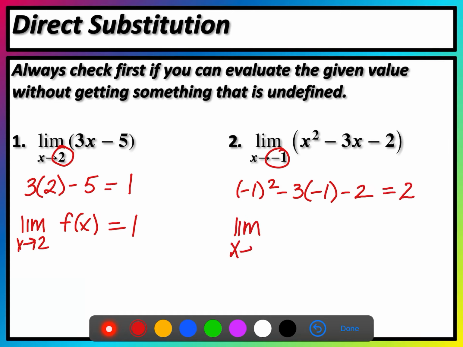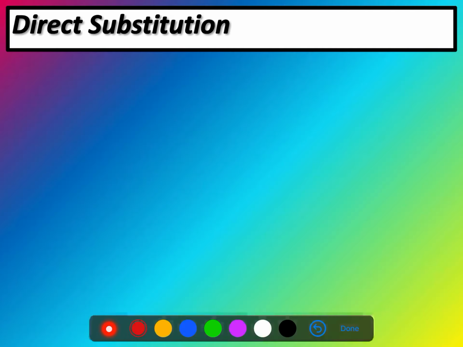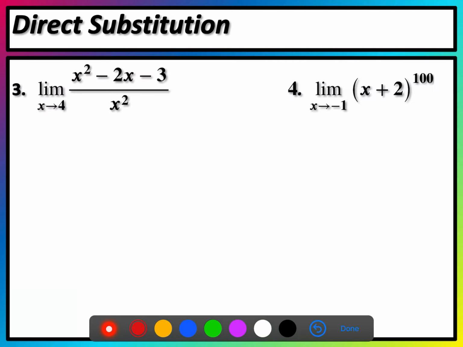So the limit as x approaches -1 for this function equals 2. Could not be any easier for these two first examples. Okay, so now functions are a little bit more complicated, but we're still going to follow the same method.